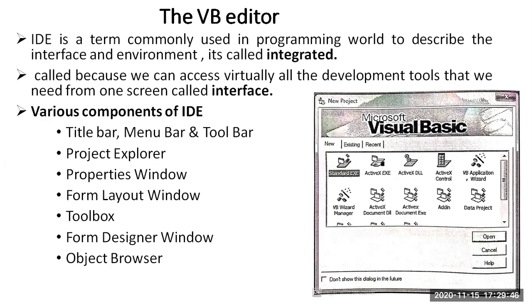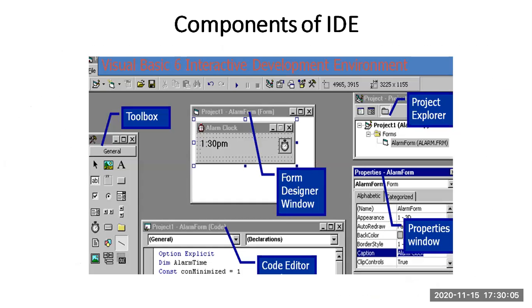A standard EXE project consists of various components like the title bar, menu bar, toolbar, project explorer, properties window, form layout window, toolbox, form designer, and object browser. The diagram here shows the various components of the IDE: the toolbox, the form designer window, code editor, project explorer, and the properties window.